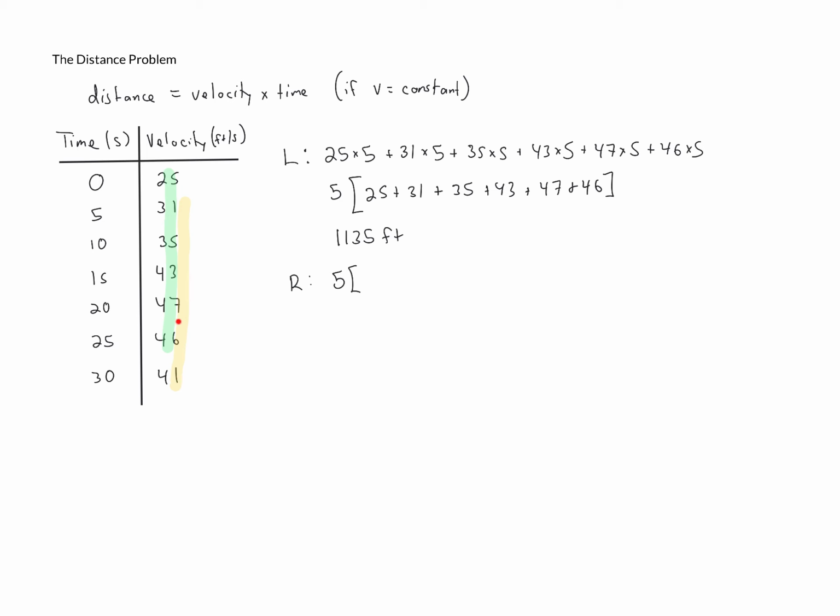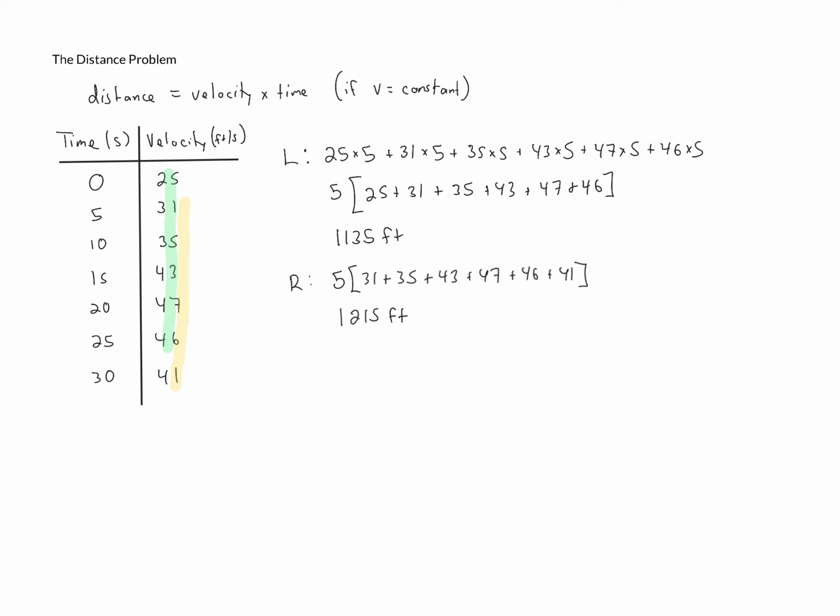So always we're including all of the middle numbers, but if it's a left interval, we're including the one on the far left, or the one with the smallest x value, and if it's right, we're including that final one. So in this case, we've got 31 plus 35 plus 43 plus 47 plus 46 plus 41. And when you go through and do all of that arithmetic, you get 1,215 feet. And so the estimates that we get for the two different possibilities are 1,135 feet and 1,215 feet.